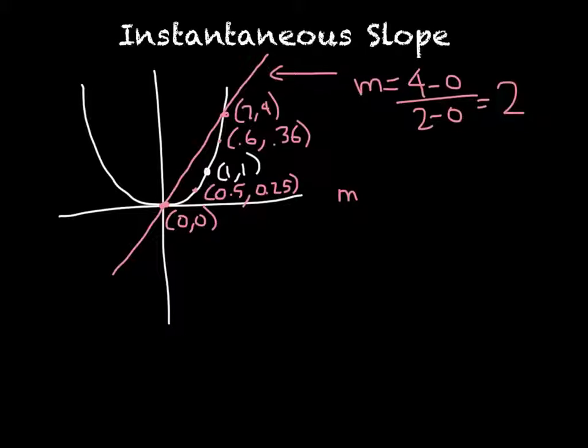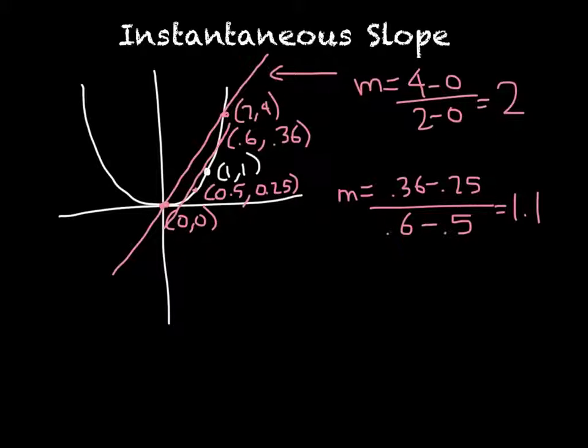That would be 0.36 minus 0.25 over 0.6 minus 0.5, which gives us 1.1. And so since these points are much closer to the actual tangent line, then we know that it gives us a very nice approximation of the slope.